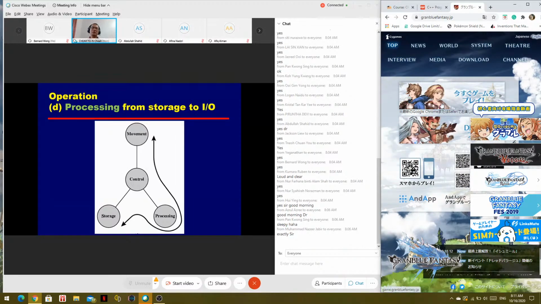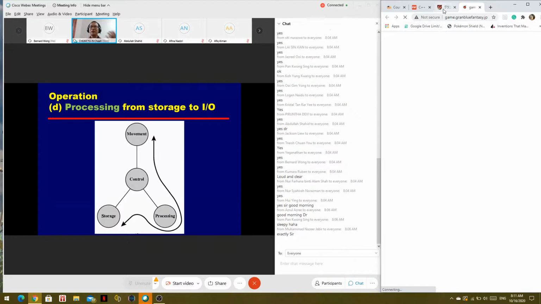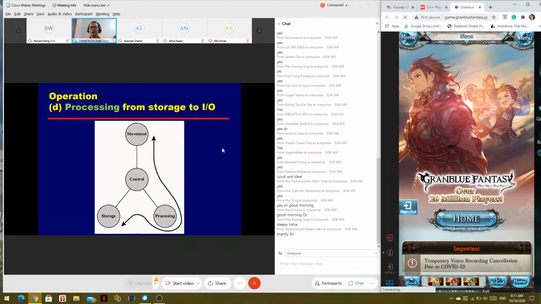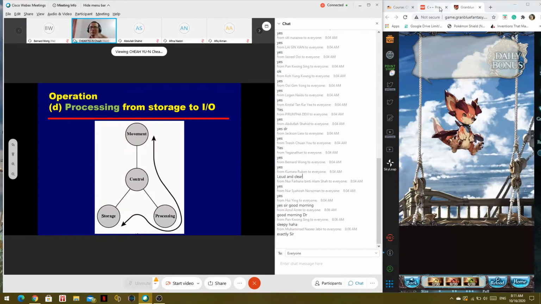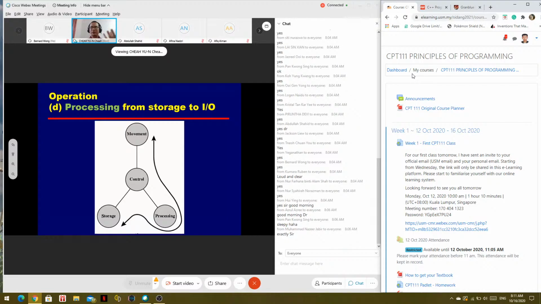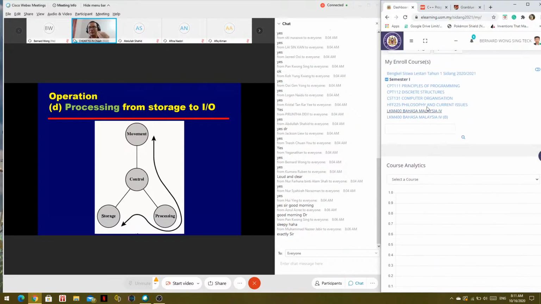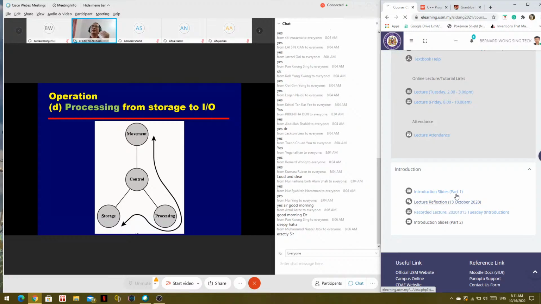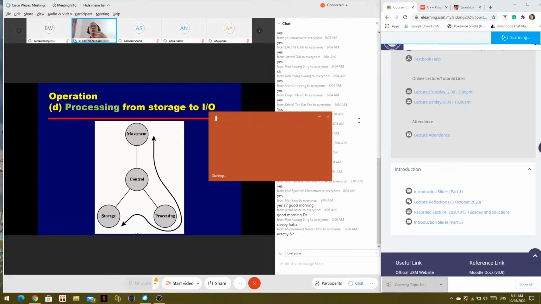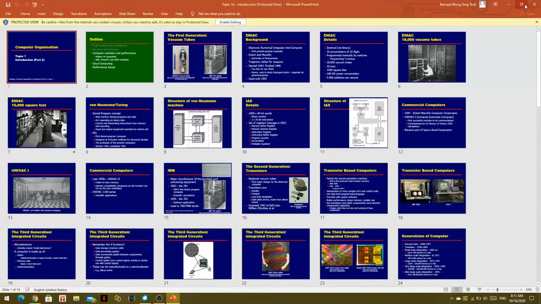Now the processing can also happen from storage to the data I/O part, I mean the input and output part. Let's say, for example, after the processor has processed some form of data, where did the data come from? It came from storage. And then maybe that data needs to be printed, or shown on the monitor, or conveyed to and from the mouse or some other device.